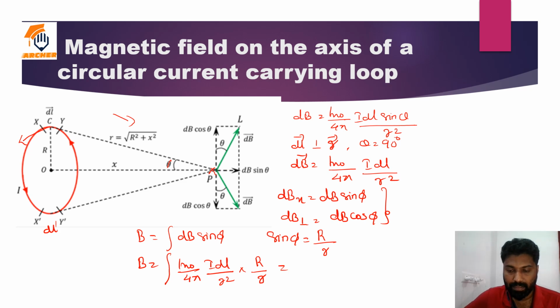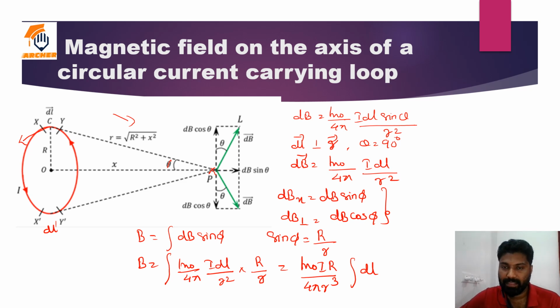So this will be mu 0 I R by 4 pi r cube, and the integral of dl will come. So what is the integral of dl here? The integral of dl is the circumference. Here the circumference is 2 pi capital R.